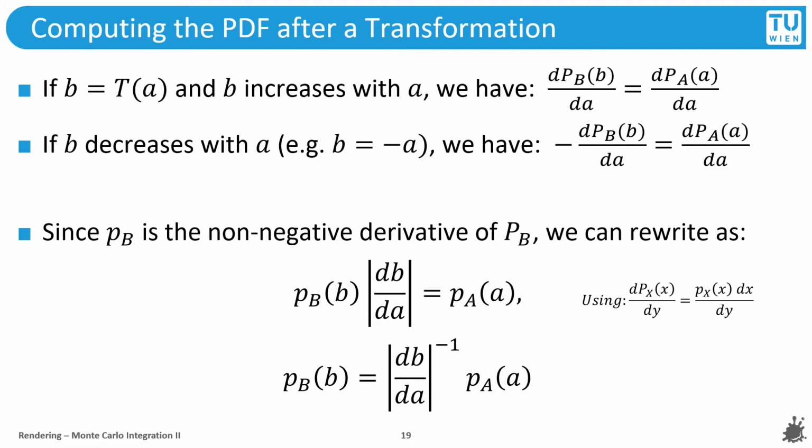But since we want to find only the amount by which the PDF changes, and PDFs must always be positive, we take the absolute value of dB over dA. Taking the reciprocal and moving the term to the right, we get a formula for expressing the PDF of the transformed random variable as a change in the PDF of the input variable.